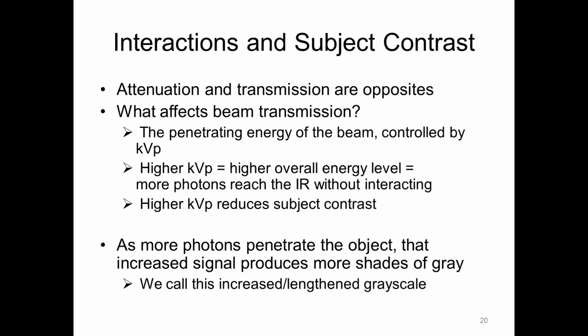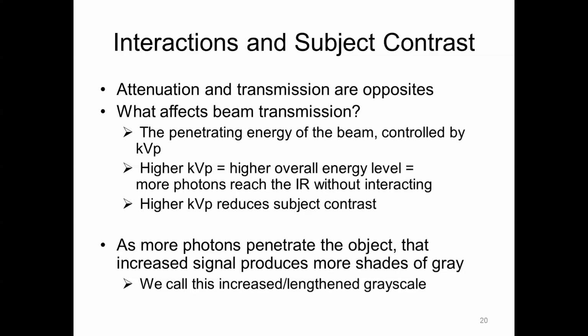With a higher kVp, you are increasing the overall energy level of the X-ray beam because we will have more photons with higher energy levels. Remember your beam spectrum. You make your exposure. Not all the X-rays have the same energy.